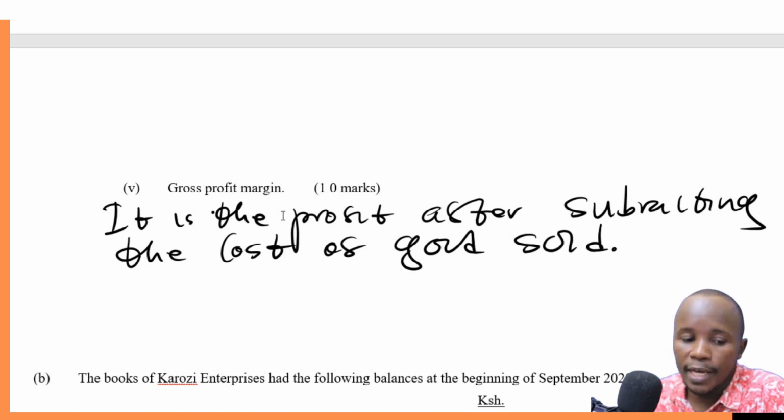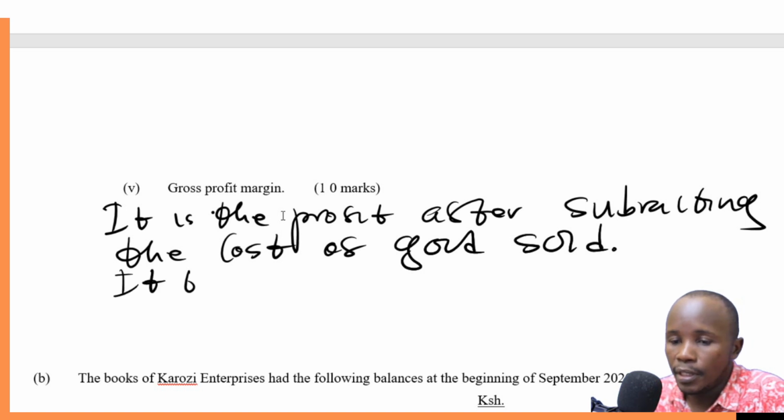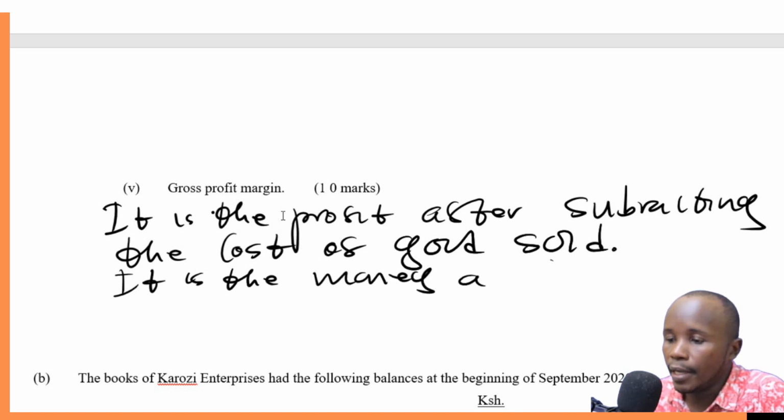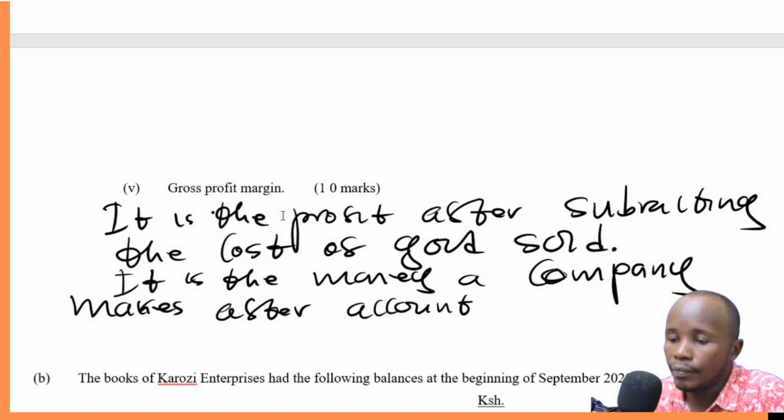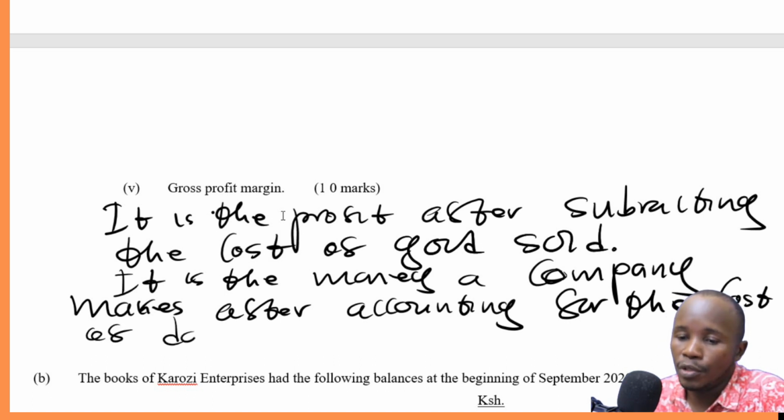In this case, it is the money that the company makes after accounting for the cost of doing business.